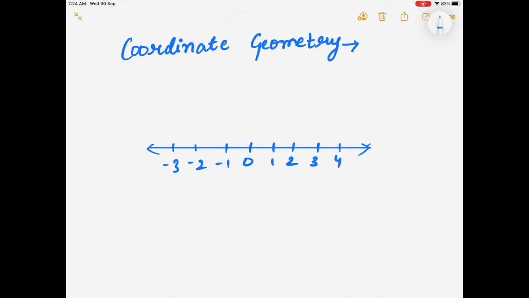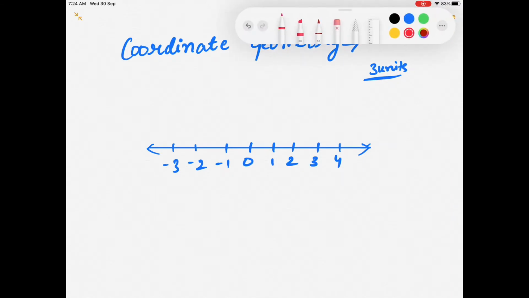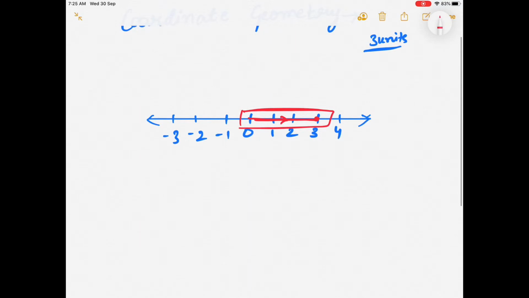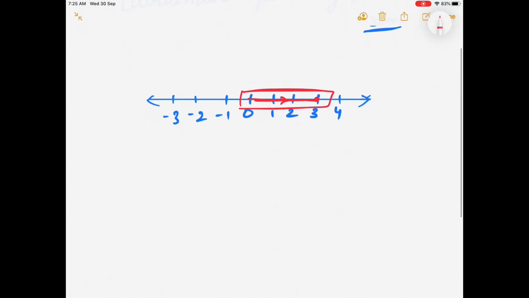If the question asks us to locate 3 units on the number line, we can simply mark here, and 3 units is this distance on the number line. So we have already studied how to locate a point on a number line. We also know how to describe the position of a point on the number line.